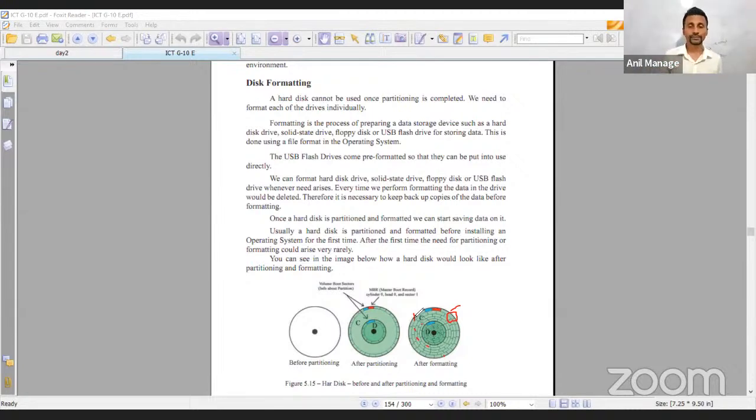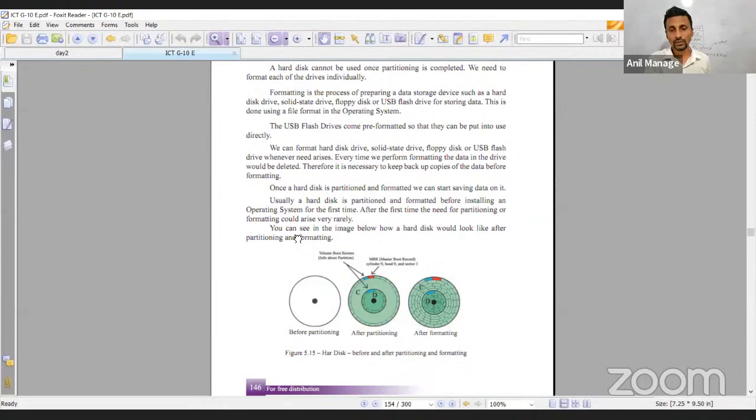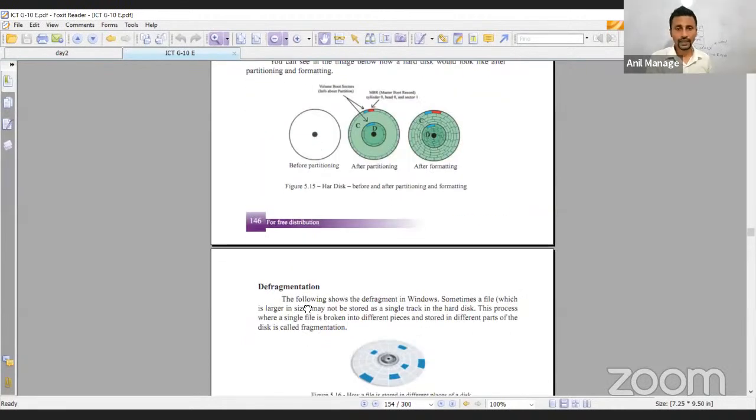So you have 5 clusters, and in those 5 clusters your file is located. All are connected together. So even if it is not in the same place, they are connected. So when you open the file, all the clusters will be opened together, right? Imagine something like that. So you need to format that. Without formatting, you can't store the data.